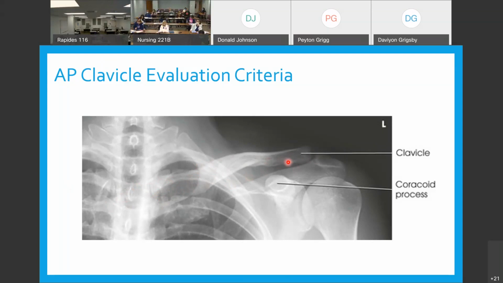And that is going to be in page 257, and it says entire structure. Evaluation criteria on the bottom of page 257. It says the entire clavicle centered to the image, lateral half of the clavicle above the scapula, the medial half superimposed on the thorax.